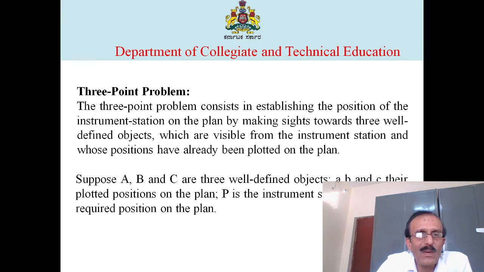Now the 3-point problem. The 3-point problem consists of establishing the position of the instrument station on the plan by making sights towards 3 well-defined objects which are visible from the instrument station and whose positions have already been plotted on the plan. Suppose A, B and C are the well-defined objects, small a, small b and small c are the plotted positions on the plan, and P is the instrument station and small p is its required position on the plan.